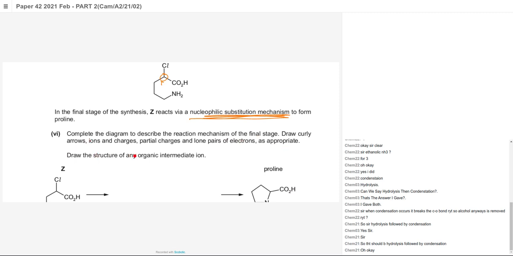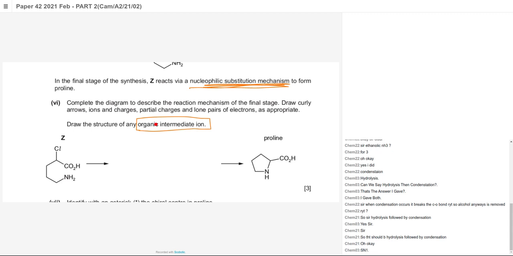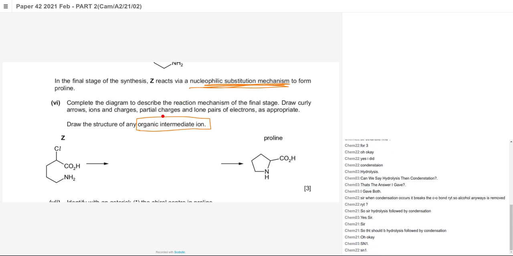Draw the structure of any organic intermediate ion. Yeah, you got the point here. The answer is there. Intermediate. What is intermediate? Which mechanism forms an intermediate? SN1. Now, because of this point, we know it is SN1 because it says intermediate.